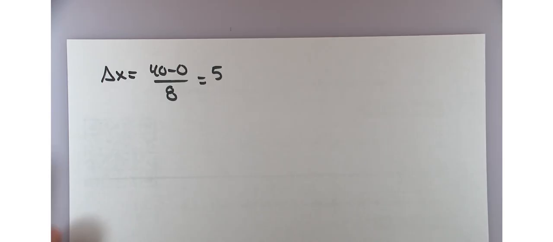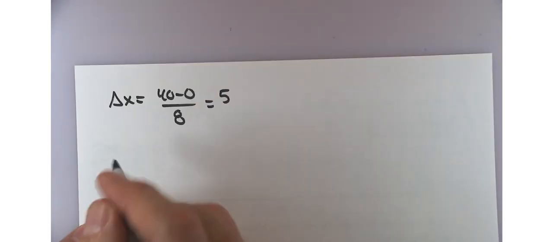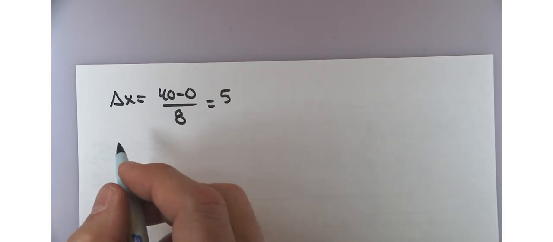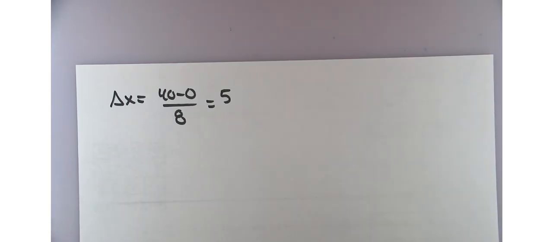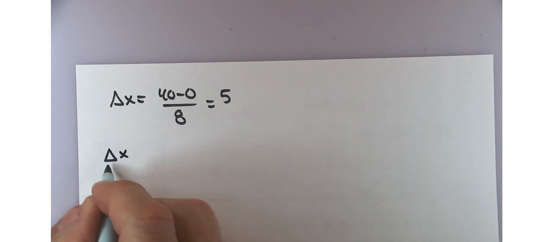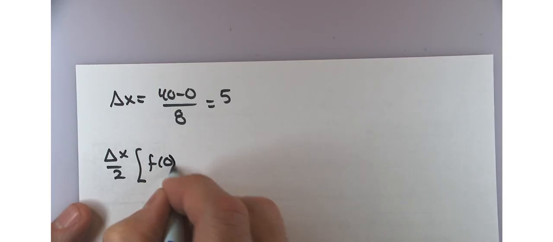Okay, let's see about finding the actual approximate area underneath this curve using Simpson's rule. I mean, not Simpson's rule, the trapezoid rule. So it's going to be delta x over 2 times f of 0. Remember, at the endpoints, you don't have that 2.